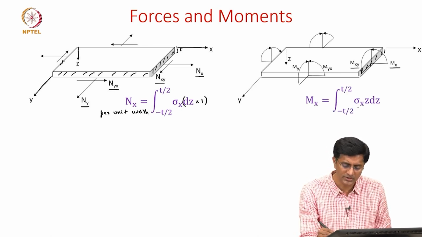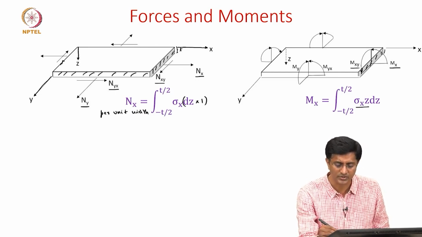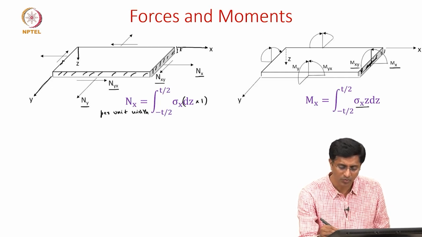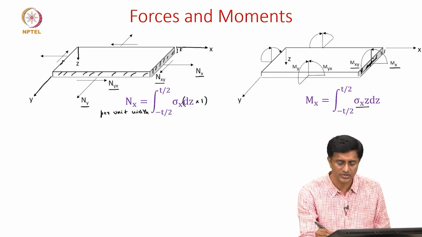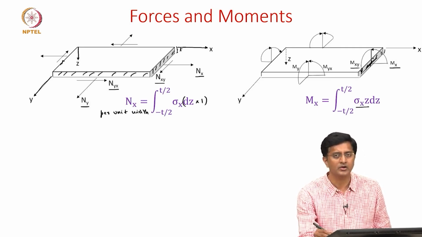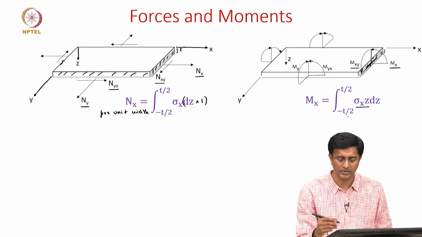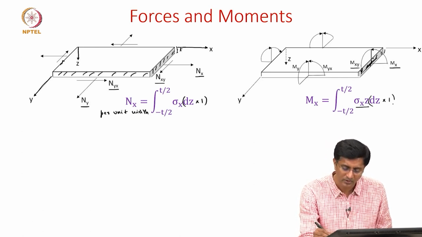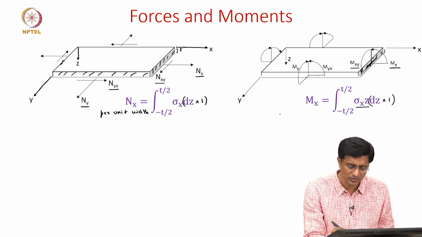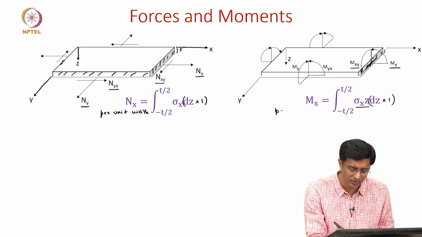So the moment is given as stress times the distance from the mid surface. So let's say this is the mid surface. So any point, how far it is from the mid surface is represented by this value z, that times the stress times the cross section area will give you the moment. And here too we are taking dz times 1, where 1 is the unit width, so this is the moment per unit width.